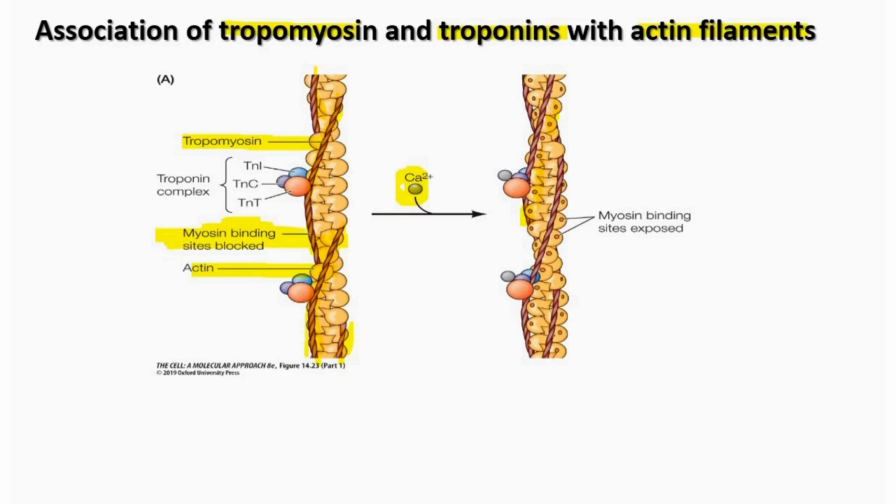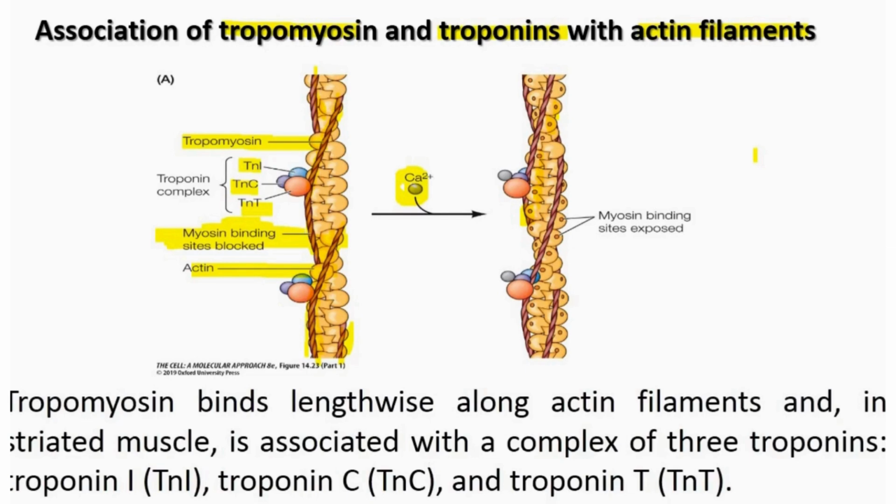Troponin complex, student, is made up of three molecules: troponin I, troponin C and troponin T. So, tropomyosin binds lengthwise along actin filaments, and in striated muscle it is associated with a complex of three troponins: troponin I, troponin C and troponin T.